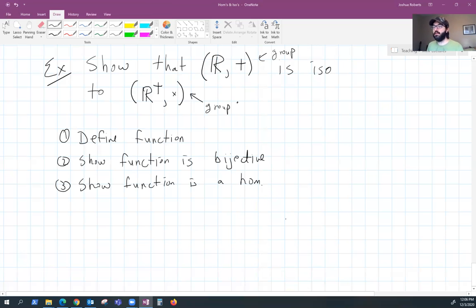And for 2 and 3, it doesn't matter what order you use. You can show it's a homomorphism, then show it's bijective, or show that it's bijective and then show it's a homomorphism. But this is how you show that there is an isomorphism between two different groups, okay?